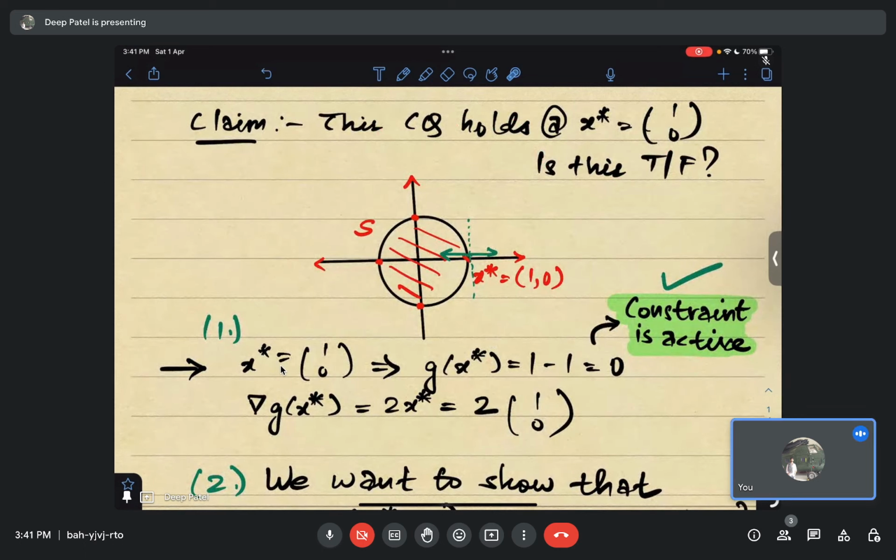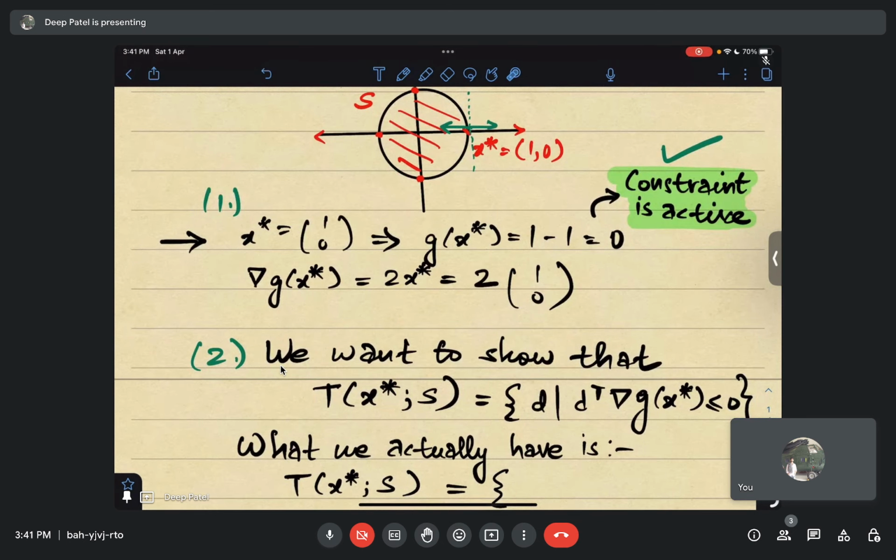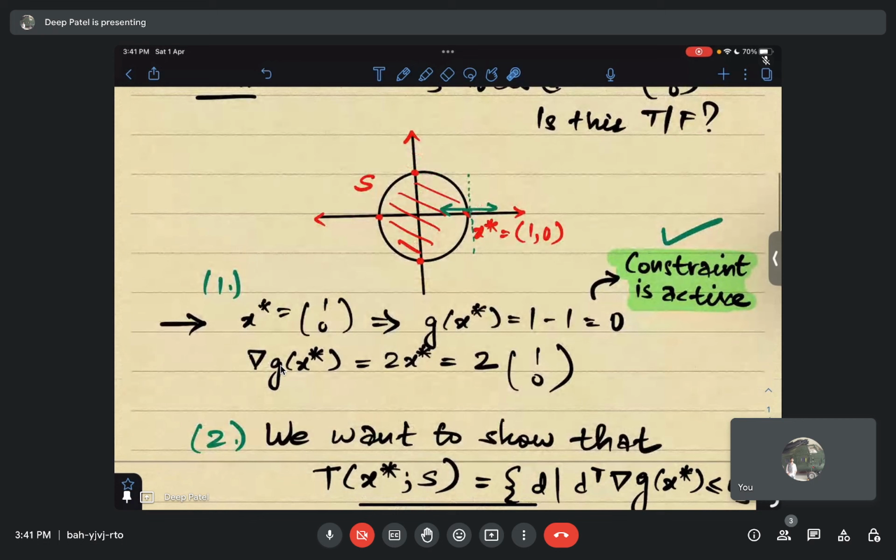So what can we say in that case? If we specify the normal as, what do you mean by normal, by the way? When I say acute angle, I mean the normal which is pointing inwards, towards the side where the constraint is satisfied.